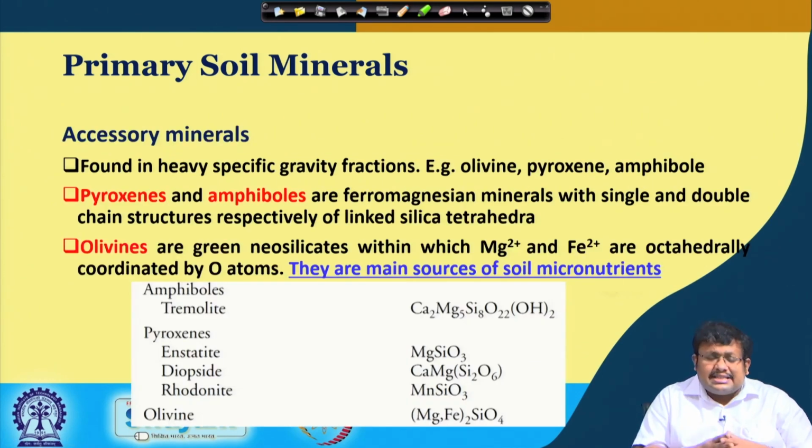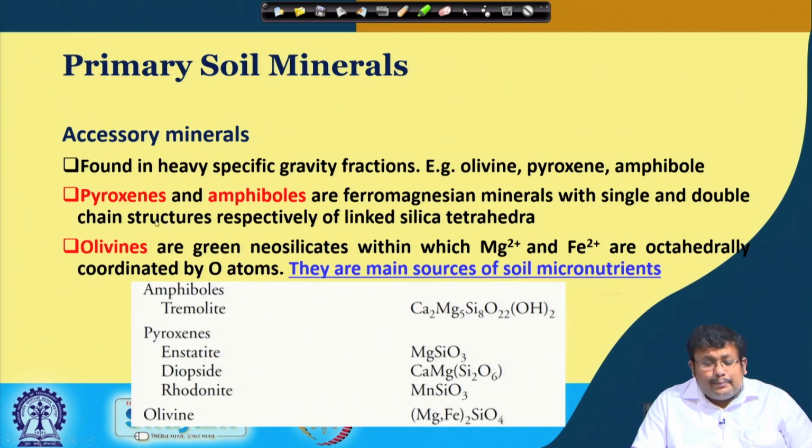Now, there are some other accessory minerals which are found in heavy specific gravity fractions. Some examples are olivine, pyroxenes and amphiboles. You can see that pyroxenes and amphiboles are ferromagnesian minerals, that means they contain iron and magnesium, with single and double chain structures respectively of linked silica tetrahedra.